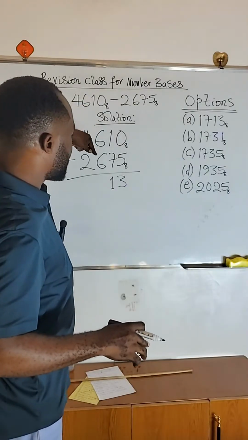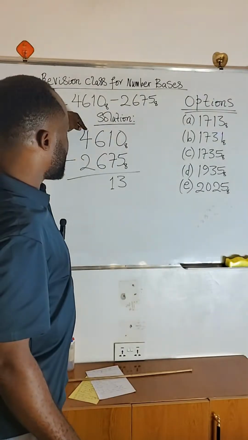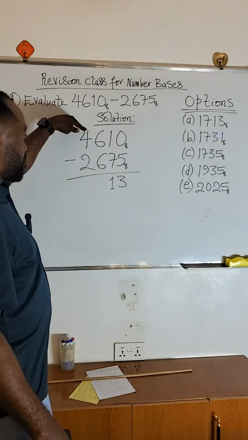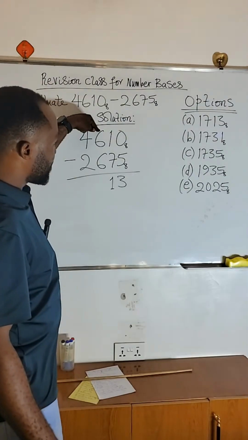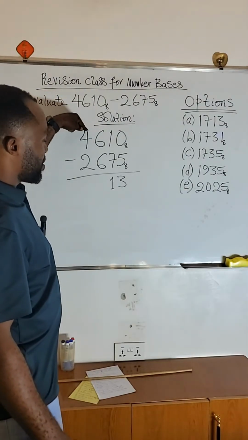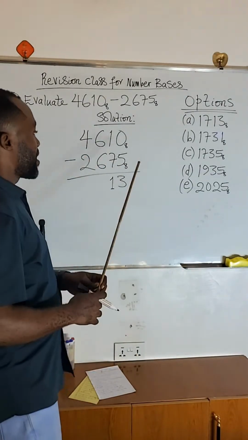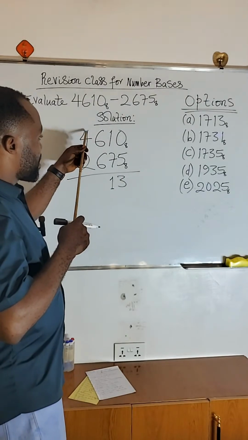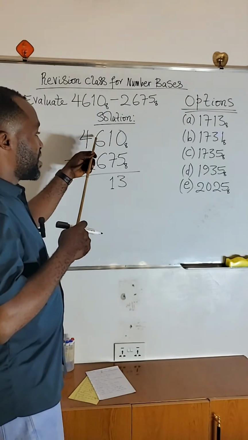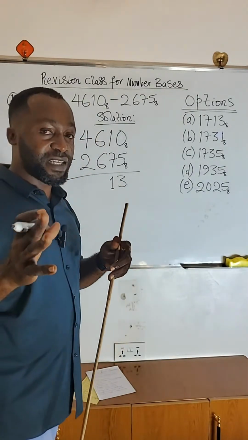The next one now here remains 5, since we have taken 1 to this place. So 5 minus 6, you cannot do that. And so we'll come to this point to borrow 1 to this point. Here was 5. If you take 1 from here, mind you, since we are working in base 8, that 1 that will move from here to 5 that was here will now be 8. 8 plus 5, that is 13.